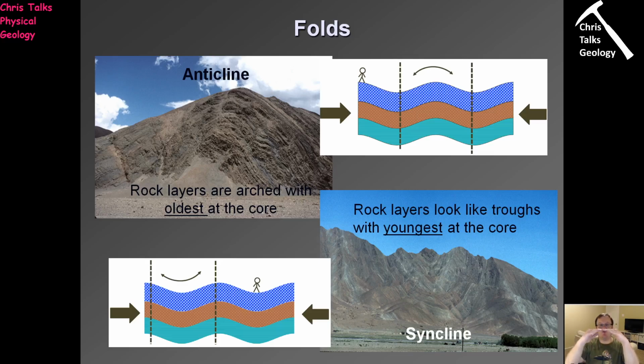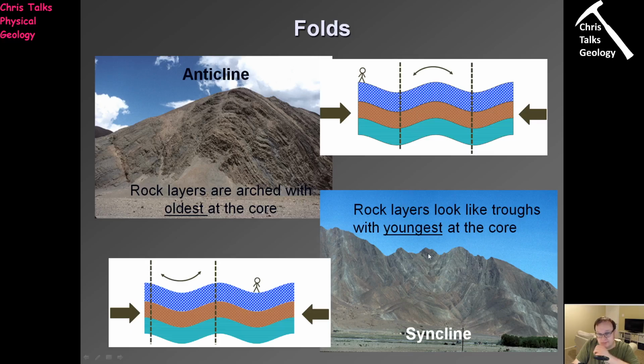Now, as I begin to deform my rock to form an anticline, forming the arch, in the middle of the anticline I'm going to have the oldest rock, aren't I? And on the outside, I'm going to have the youngest rock. So an anticline, in its arch shape, has the oldest rock in its middle, in its core, and the youngest rock on the outside.